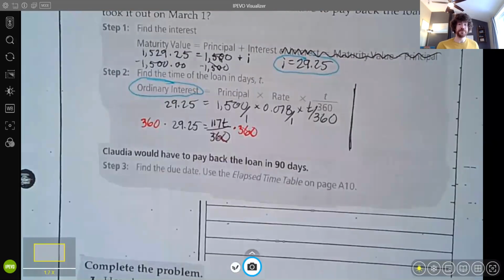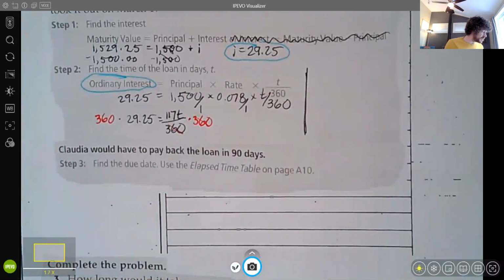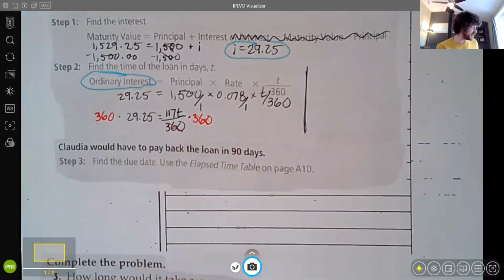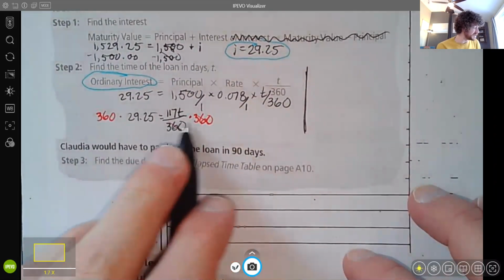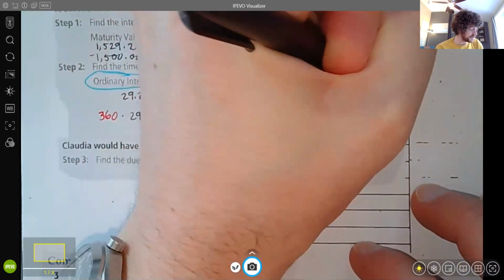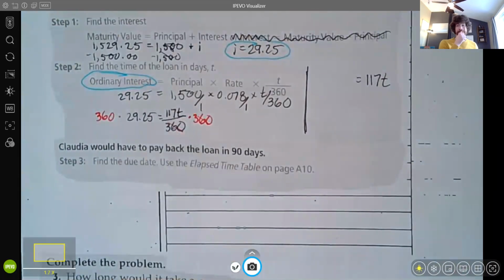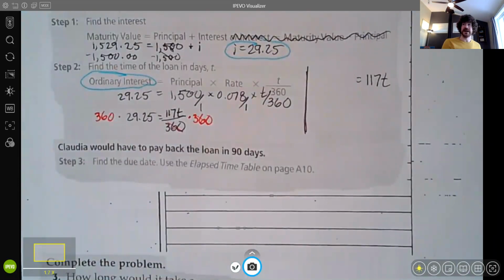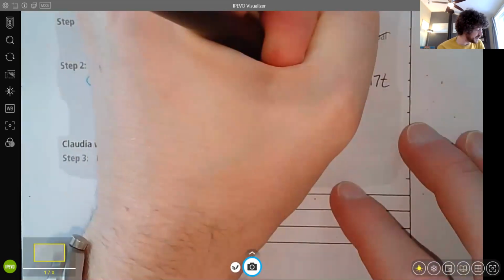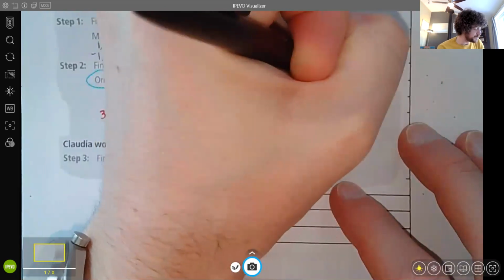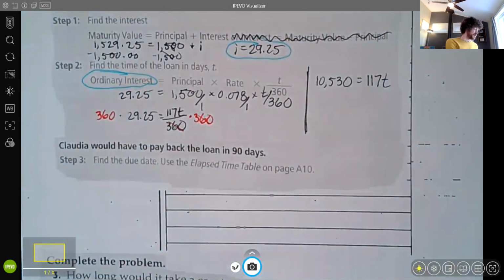So let's see. Those cancel out. So on the right-hand side of the equation, we've got 117T. On the left-hand side, we have 360 times 29.25, which is 10,530.